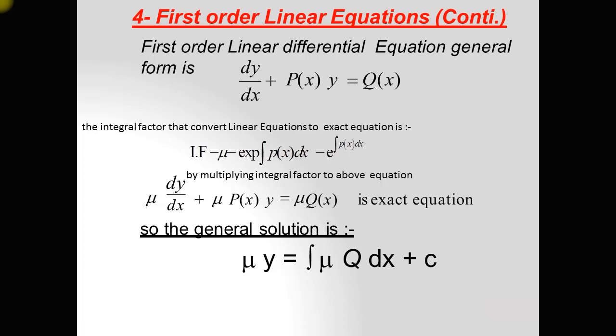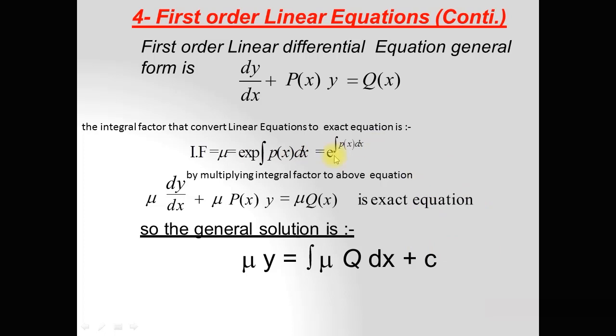So first of all, find the integrating factor. The formula for the integrating factor is e power integration of P function with respect to x, and then multiply that integrating factor to the given differential equation. The given differential equation will become an exact equation.